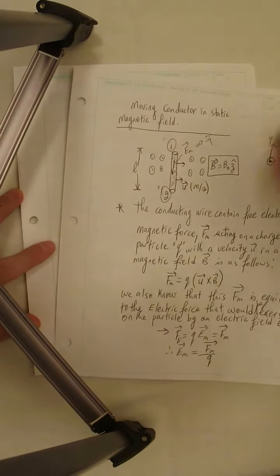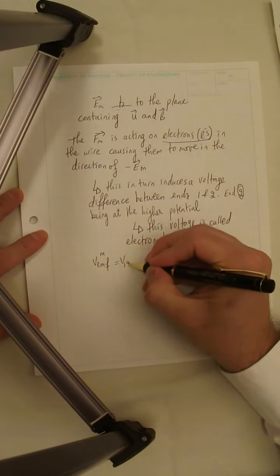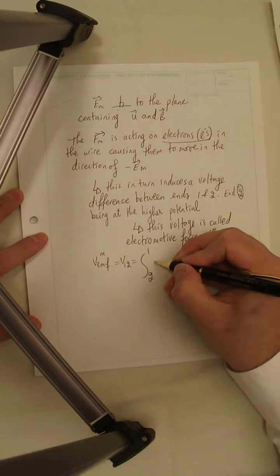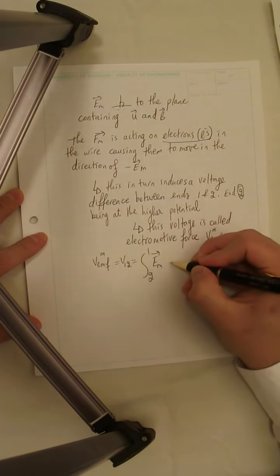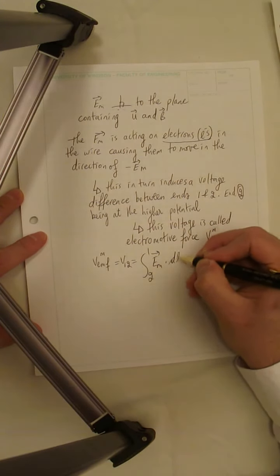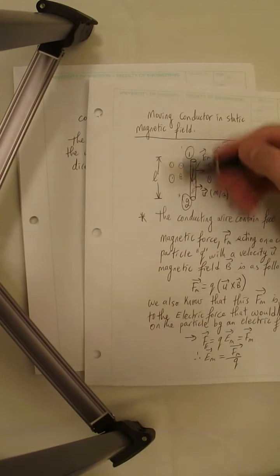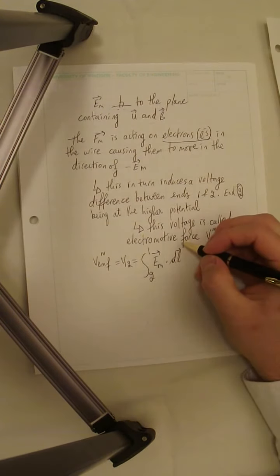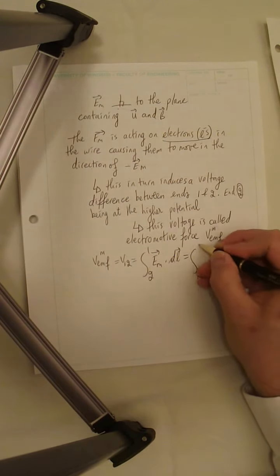Since we're working with this example, points 1 and 2, it's really the voltage from 1 to 2, which is equal to the integral, as we know from previous studies, of the motional electric field dotted with dl, the change of length L, from 2 to 1.